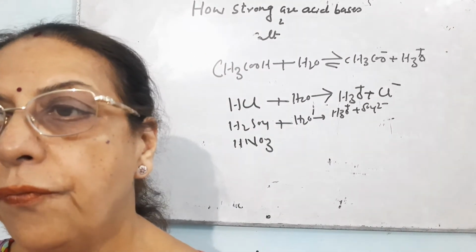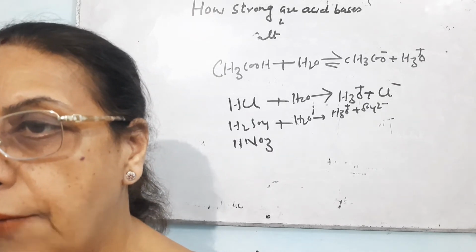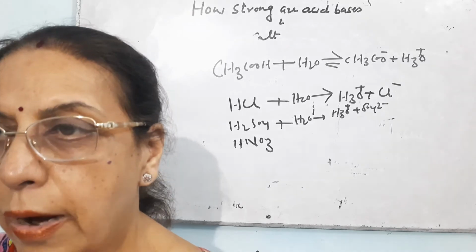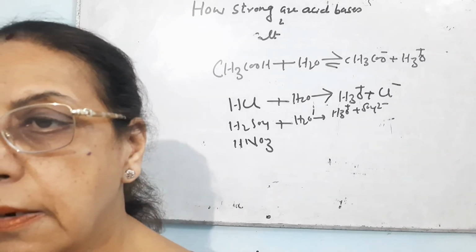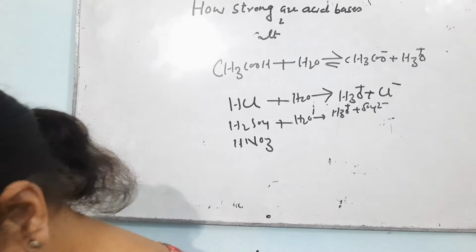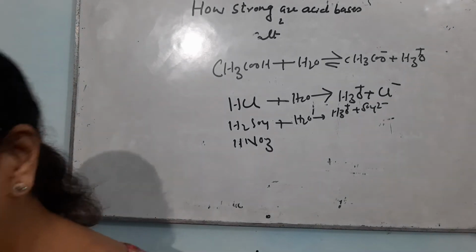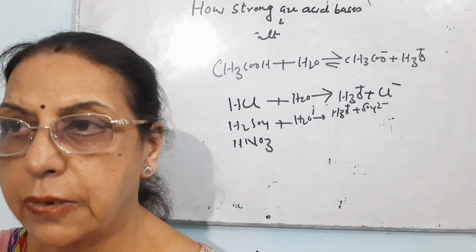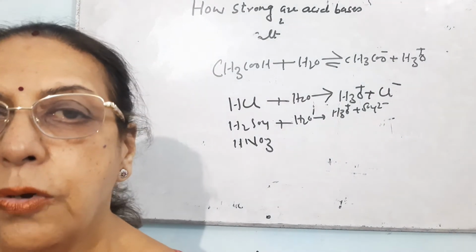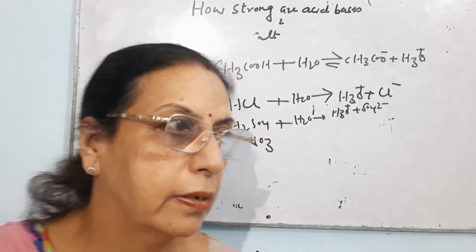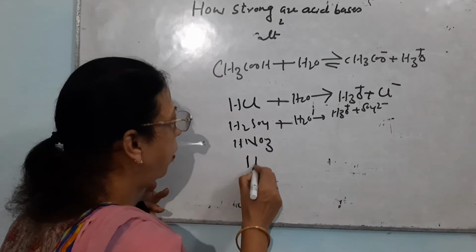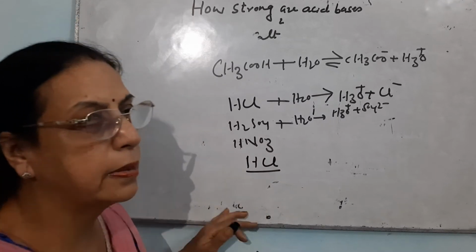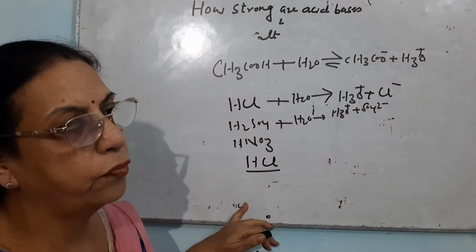And if the growth of plants is severely affected, you know what can happen. So the soil should neither be too acidic nor too basic. Similarly, pH is very important in our digestive system. During digestion, hydrochloric acid is released in the stomach, which is responsible for the digestion of food.